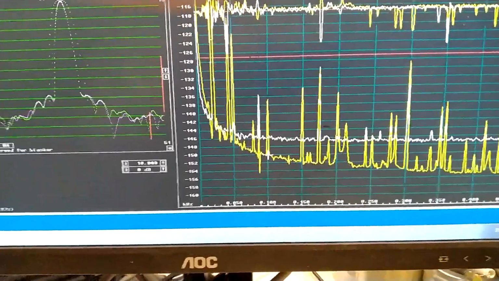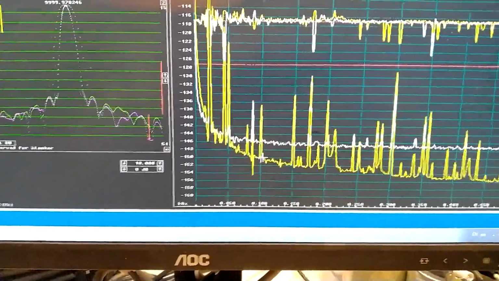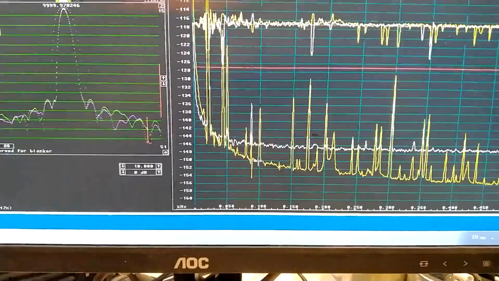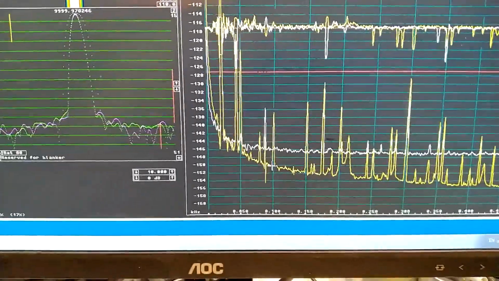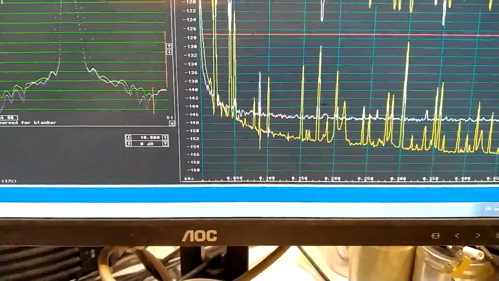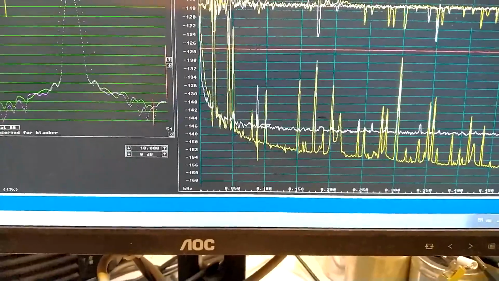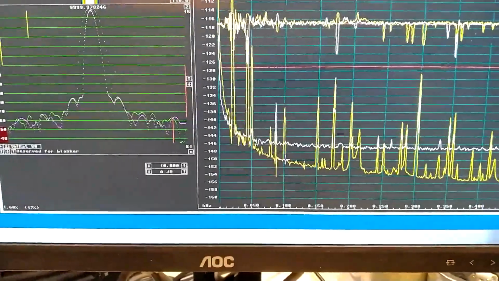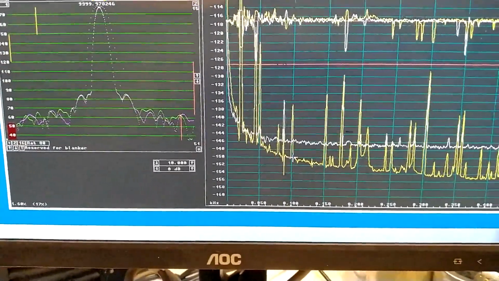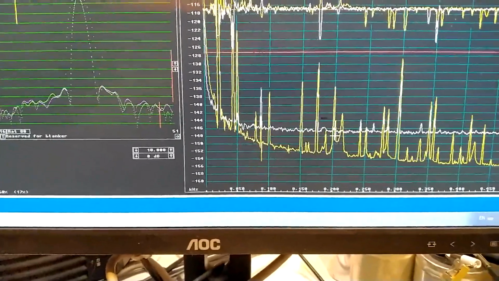The new configuration of the limiter with two filters has moved the noise floor from minus 144.5 down to minus 150 at 100 Hz. That's from here down to here. And at 200 Hz, before it was minus 147, that's here.